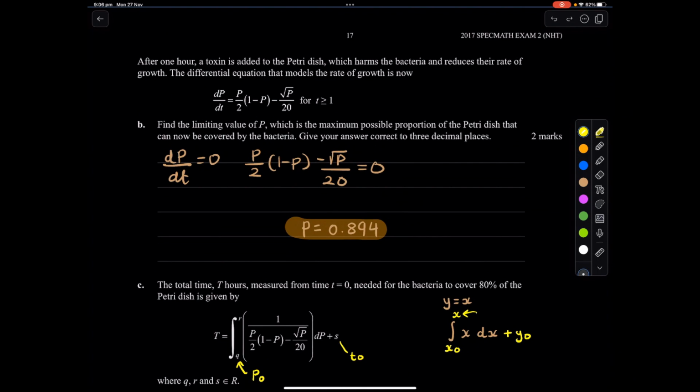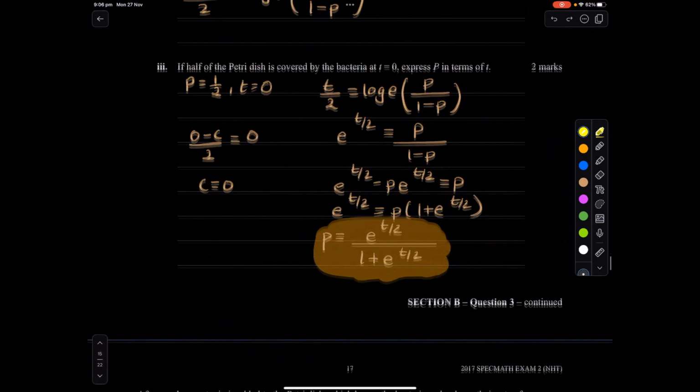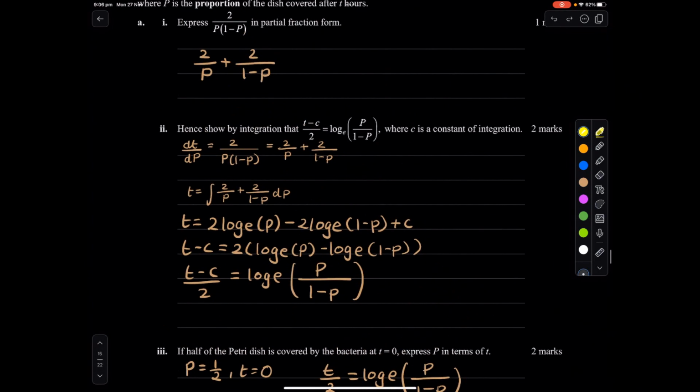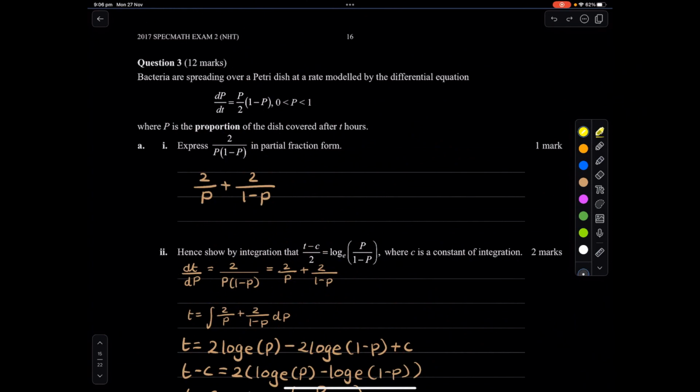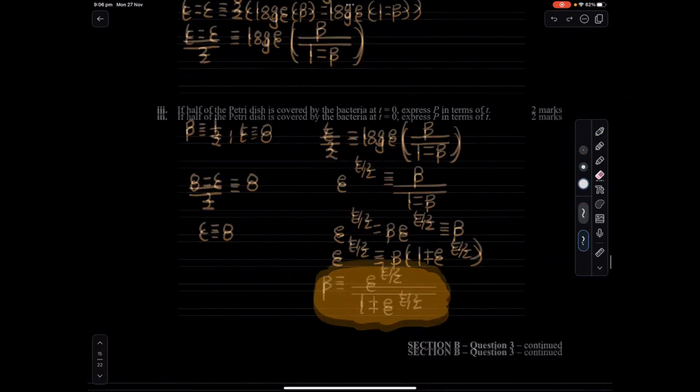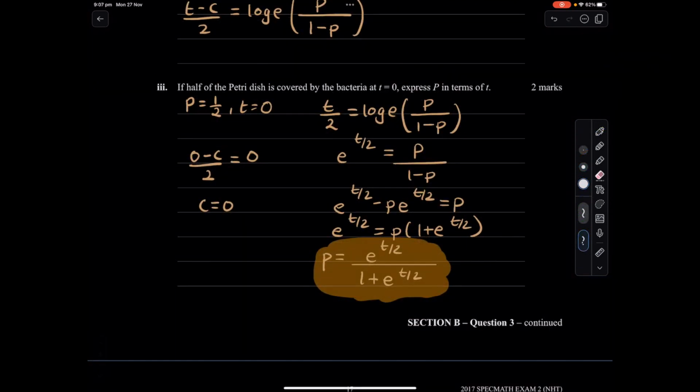Well, remember, guys, that after t is greater or equal to 1, so think about it like this. This condition over here is when it was just pretty much the differential equation where the bacteria is growing by itself.